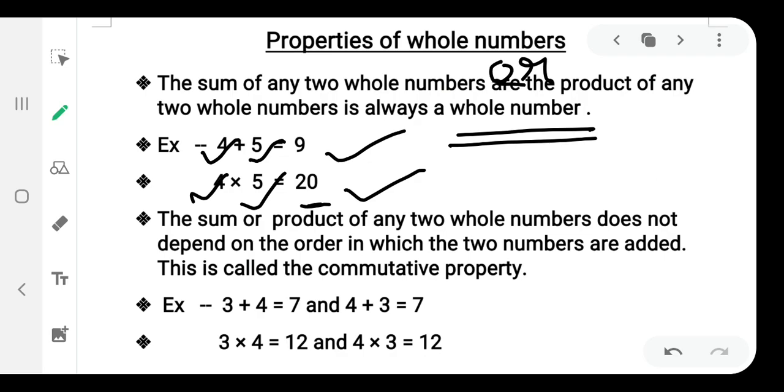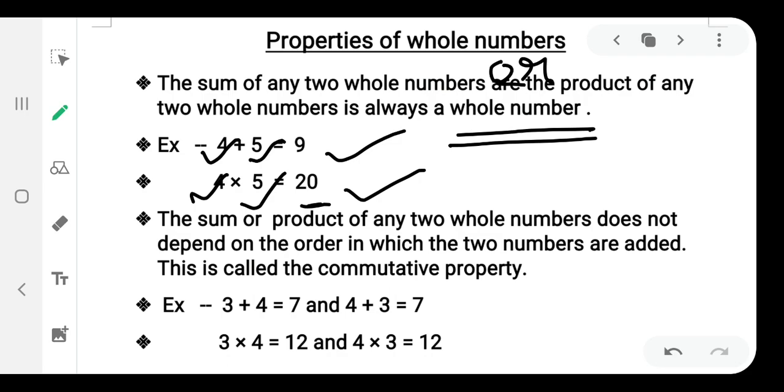So the first property says that on adding or on multiplying any two whole numbers, we always get a whole number. Moving on to the next: the sum or product of any two whole numbers does not depend on the order in which the two numbers are added. This is called the commutative property. What are they saying?